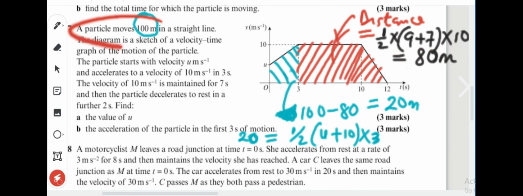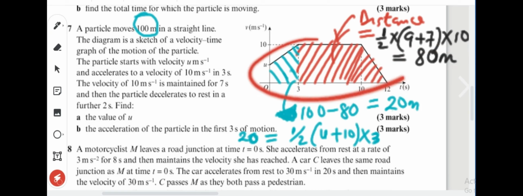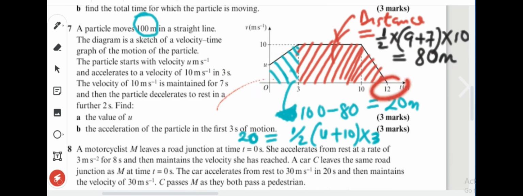So this distance from 3 seconds to 12 seconds is 80 meters, and the entire distance covered from 0 to 12 seconds is 100 meters as given. So it should actually be 100 minus 80, which is 20 meters for this blue one.